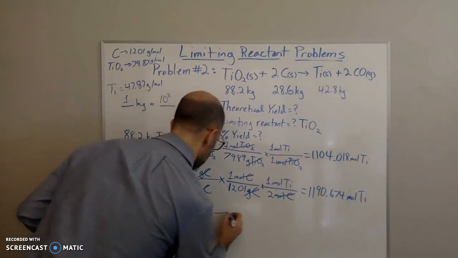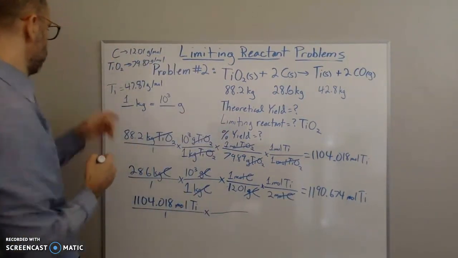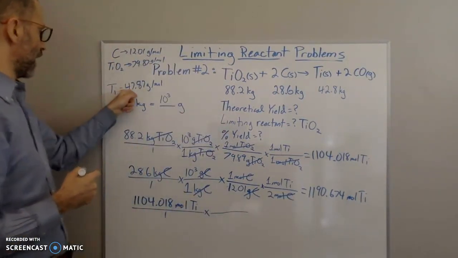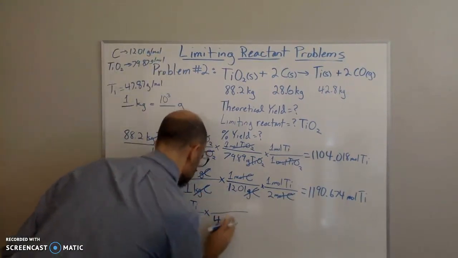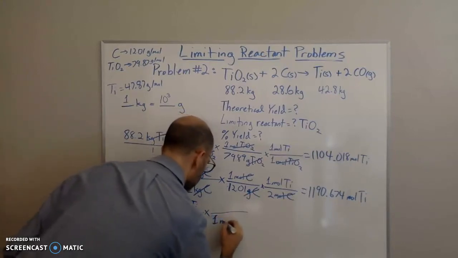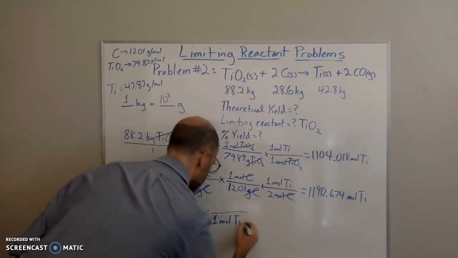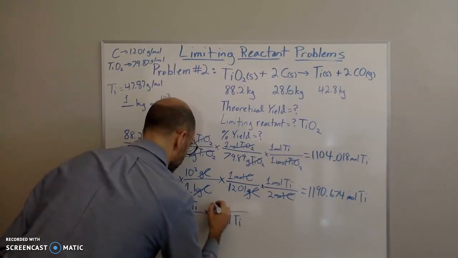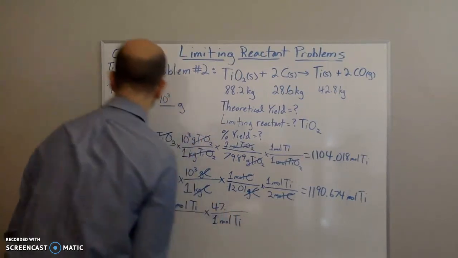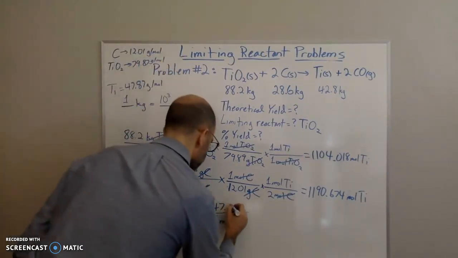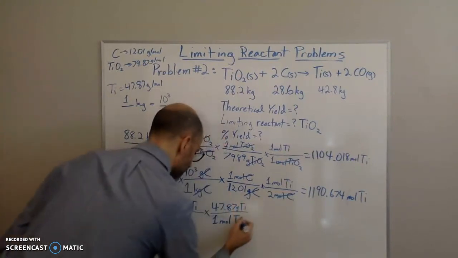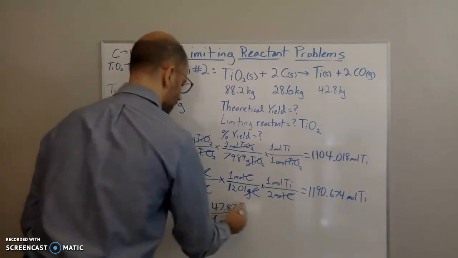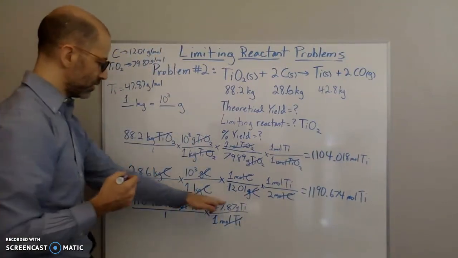So first thing I need to do is use the molar mass of titanium, 47.87 grams. So 1 mole of the titanium on the bottom, and 47.87 grams of titanium on the top. So moles cancel out, and now I have grams of titanium.